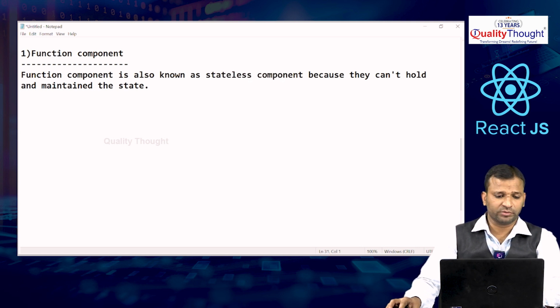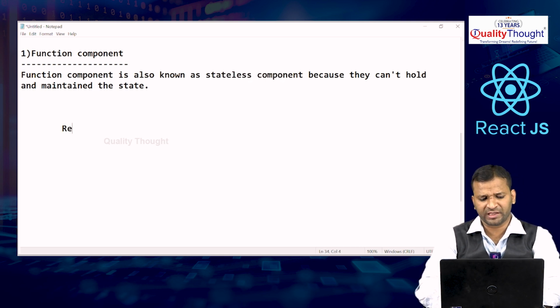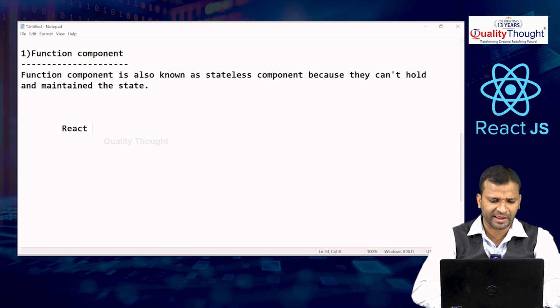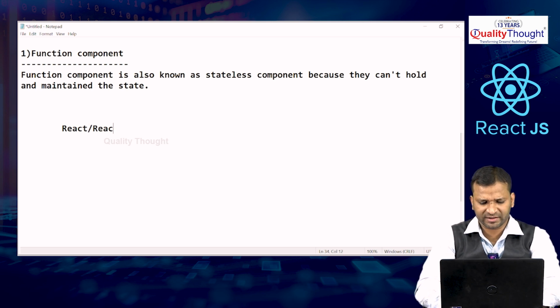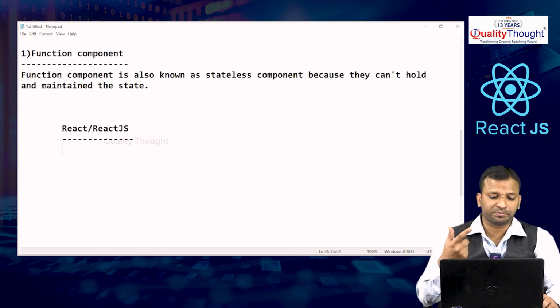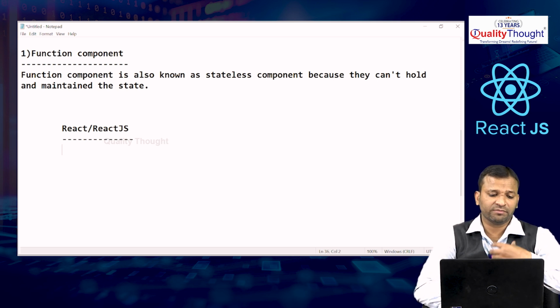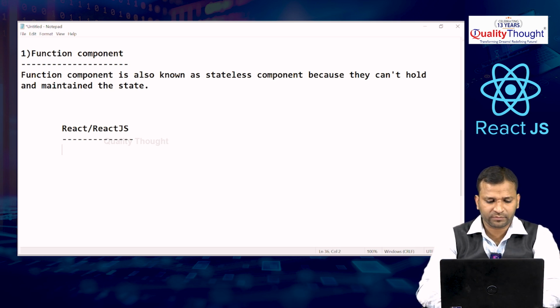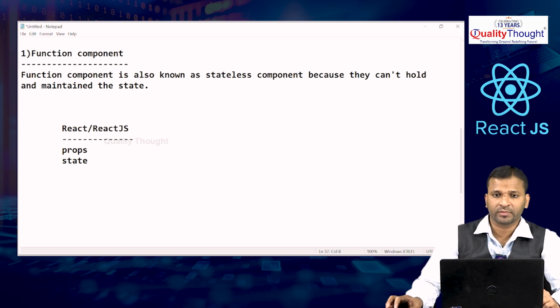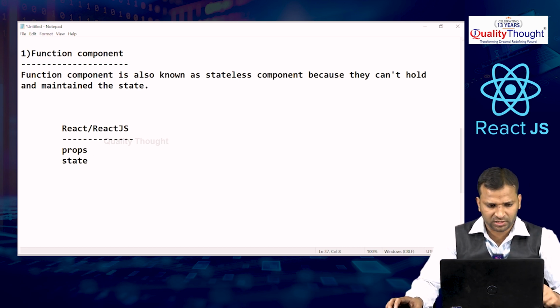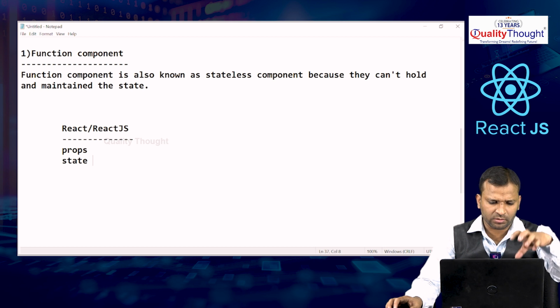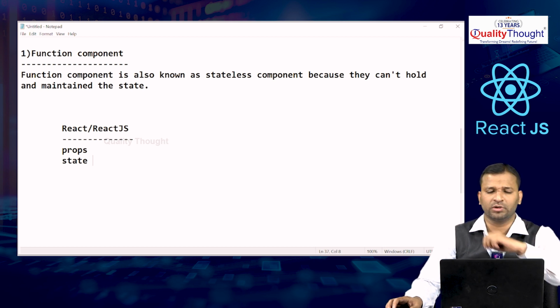See, one thing I want to tell you. Whenever you are learning React, or reactjs, one thing you need to remember: there are two objects which we use most of the time, guys. One is called props, and the other is called state. But when you talk about function component, it always deals with props only.